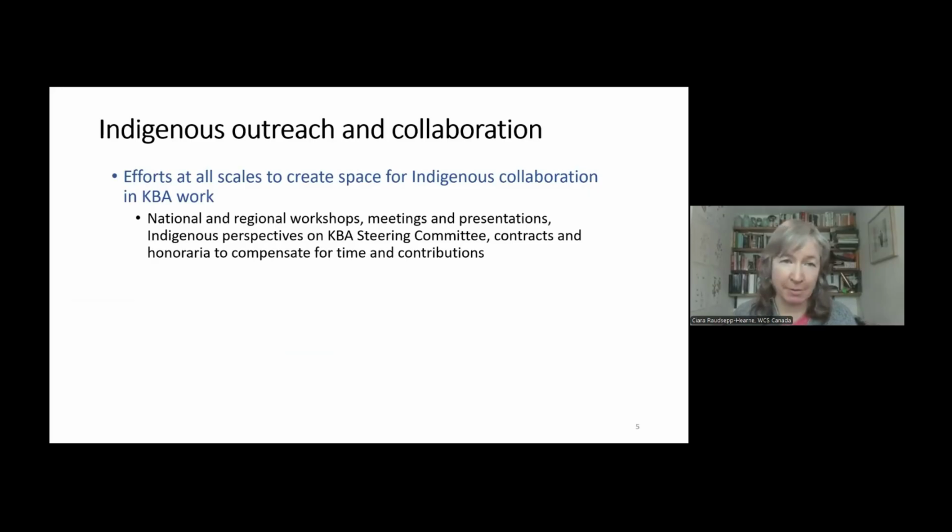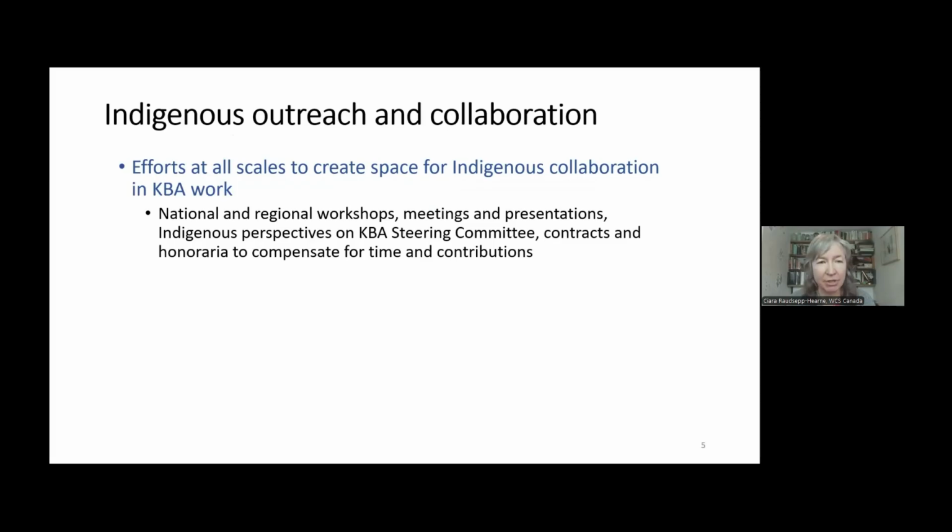So from the beginning, and this was a challenge because the Key Biodiversity Area tool is a global, top-down, Western science-based tool, how do you make that relevant to Indigenous communities where conservation is generally occurring at the local scale and local priorities are not necessarily the same as global priorities? But there is generally, and we found out almost always, an appreciation of the need to look across scales and to see where there is alignment.